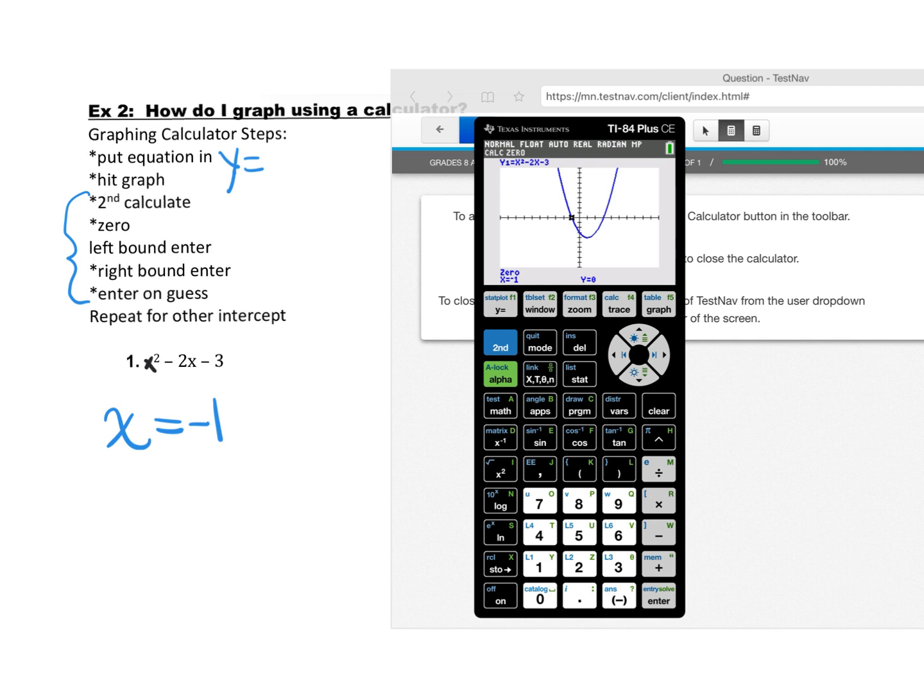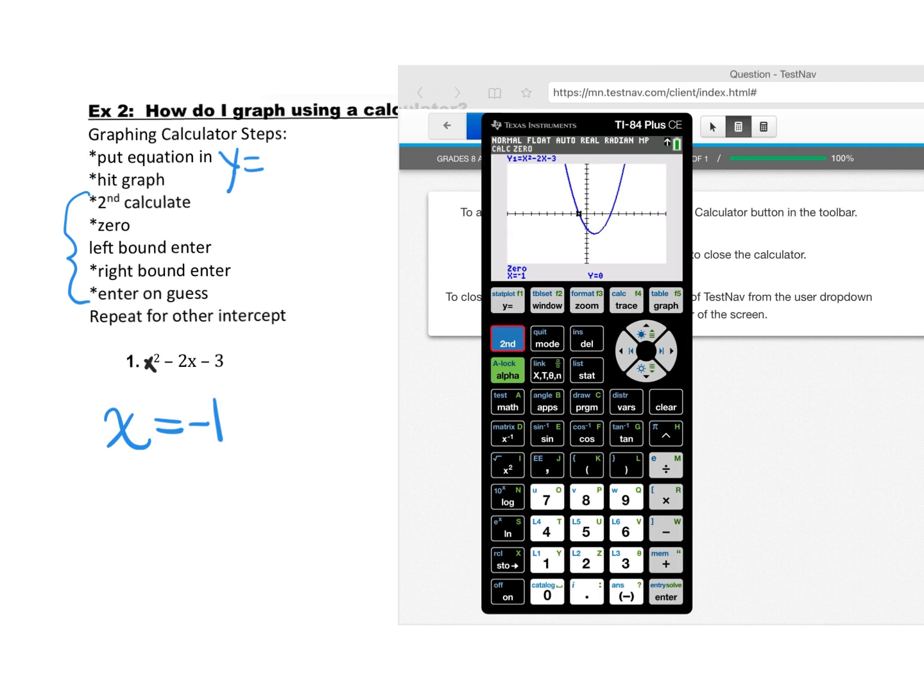So you're going to go back to the second button and press calculate again. And again, we're finding the zero, so you press enter. And now we have to scroll all the way over to the right side of our graph.